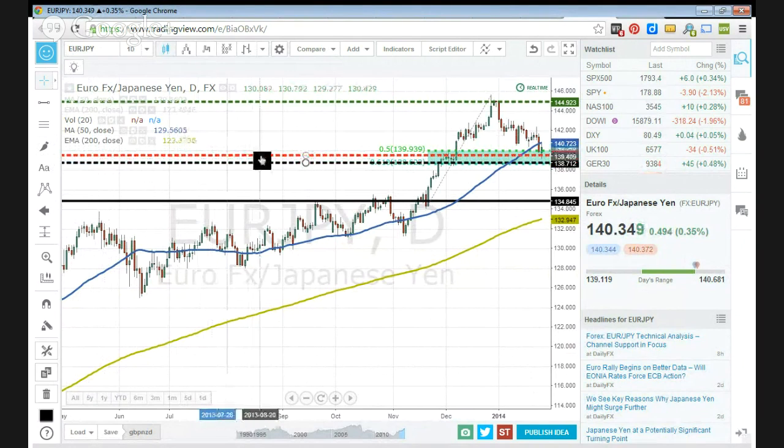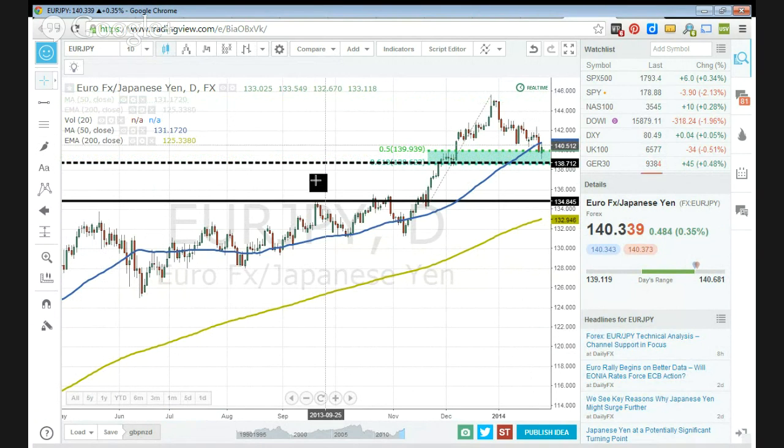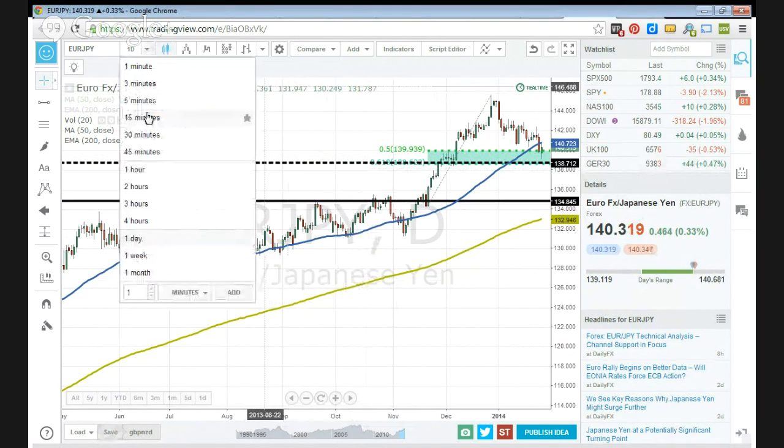Delete this. If we can go to 138.70, which is about 200 pips, that might be a level to buy at. We'll see. At this point, I'll keep an eye on Euro Yen. Could be interested in trying again on this pair. Let me see what it looks like on a 4-hour chart.